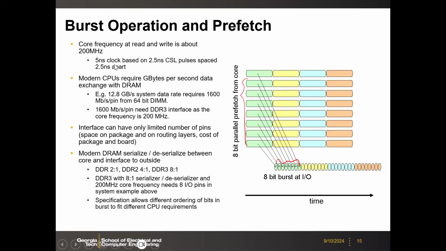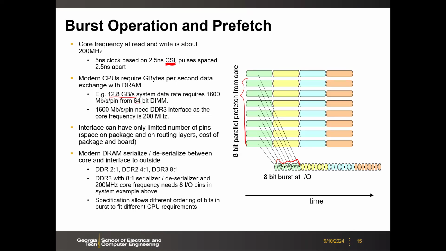So here are some numbers you can take a look at. For example, 200 megahertz means a 5 nanosecond clock internally. And then you have this CSL pulse to get the data. I will talk about that later. So basically, this is the internal clock to get the data. The system level bandwidth could be like 12 gigabytes per second.